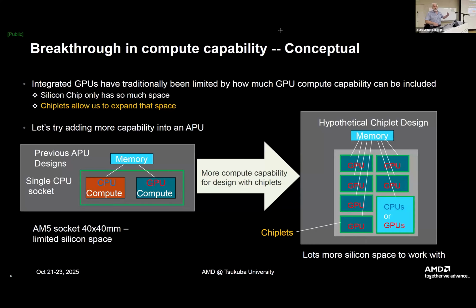So this is a big advance in the chip building capabilities. But we also can do something interesting. We can put different kinds of chips on there. It can be either a GPU chiplet or it can be a CPU chiplet. And we have much, much more space to work with and a lot more power.